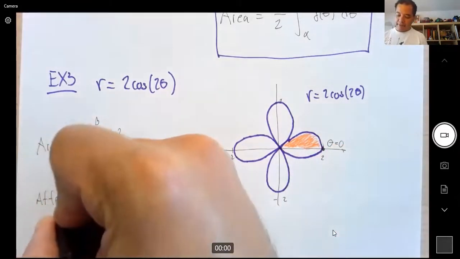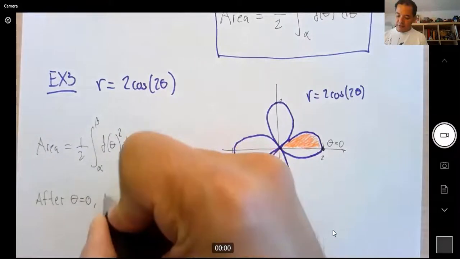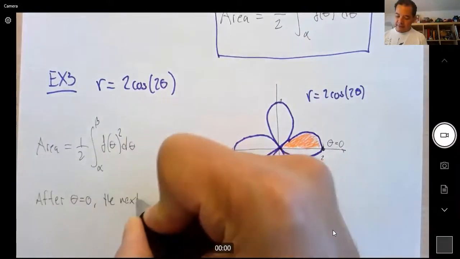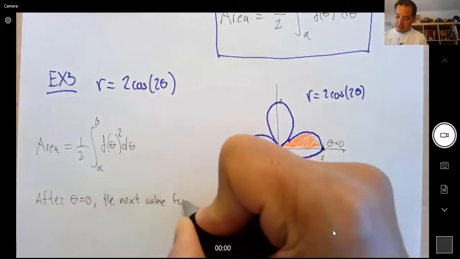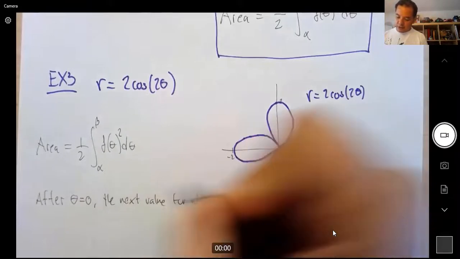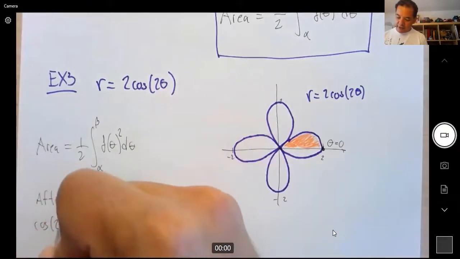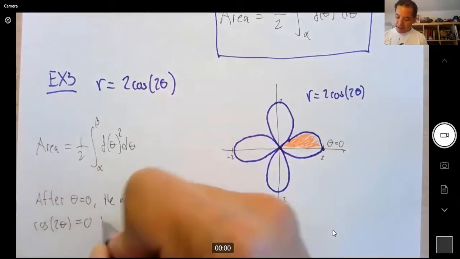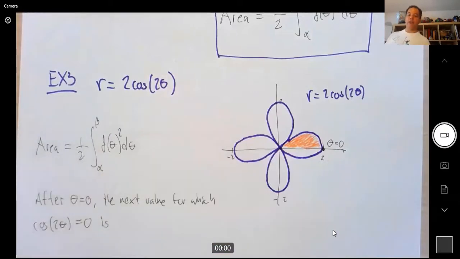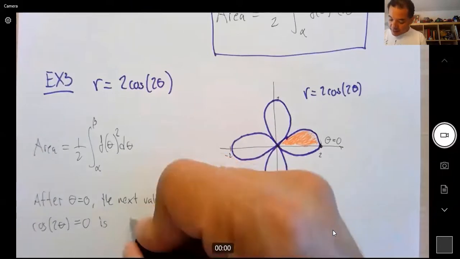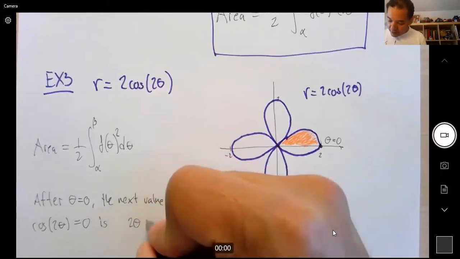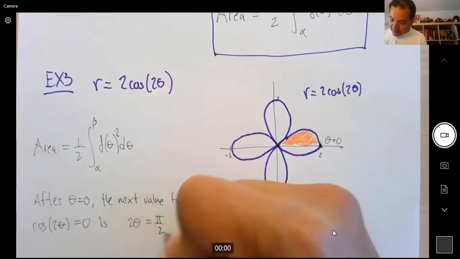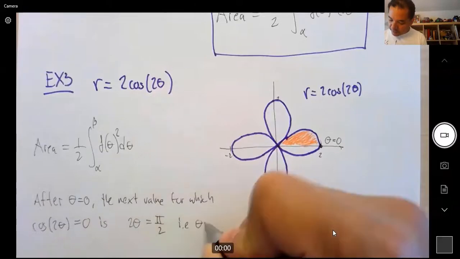So after theta equals 0, the next value for which cosine 2 theta is equal to 0 is, well, cosine is 0 when the angle is pi over 2, right? So it's got to be when 2 theta is pi over 2, i.e. when theta is pi over 4.